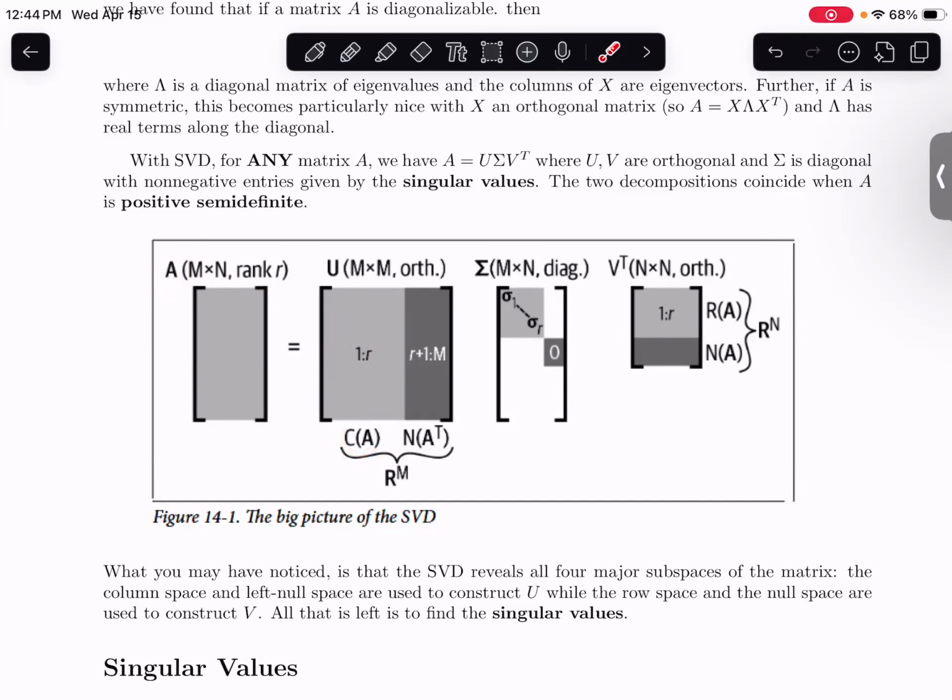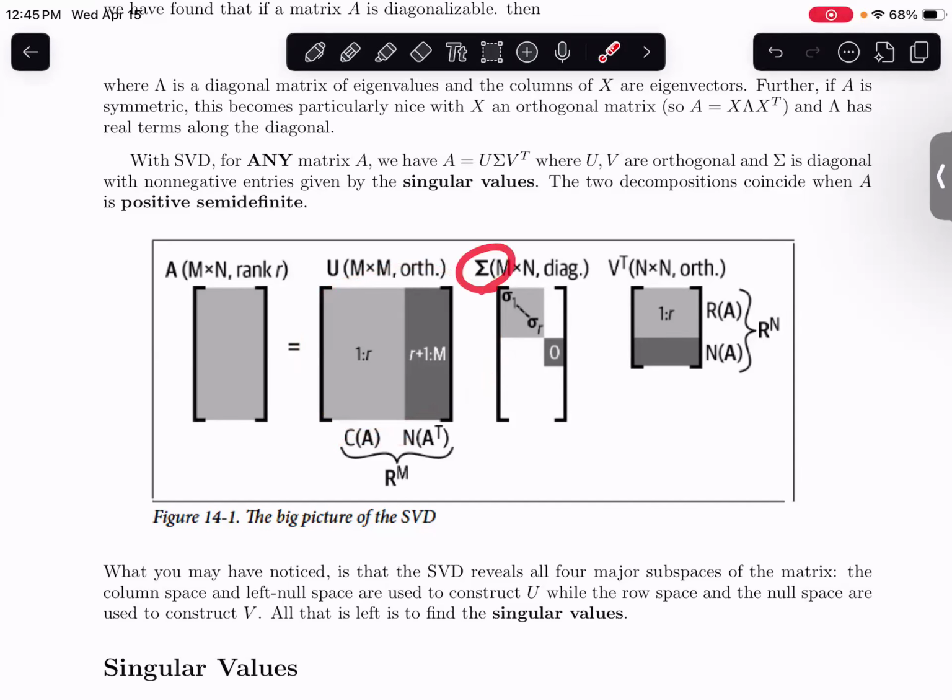Then we know that the left null space is orthogonal to the column space, so you can complete the last columns by filling them in with the basis vectors of the left null space. All these vectors would be orthogonal to one another, which forces them to be linearly independent, so this would be an invertible matrix.